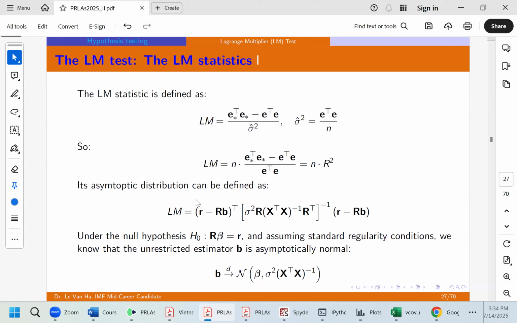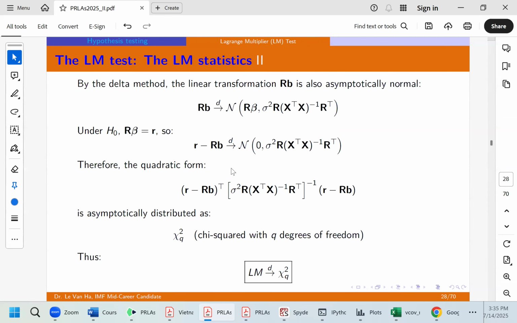This is sigma hat square, so it is divided by it, and it will be equal to n times this. Its asymptotic distribution can be shown to follow a chi-square with degrees of freedom equal to the number of restrictions. So basically the message here is the message.